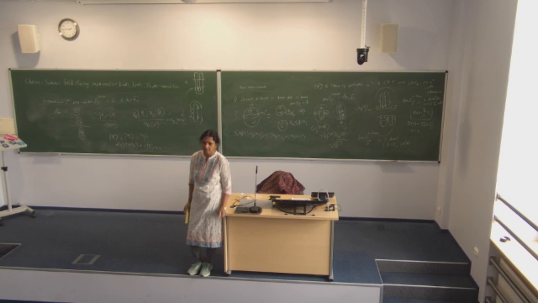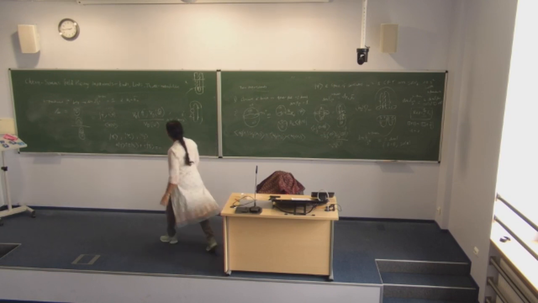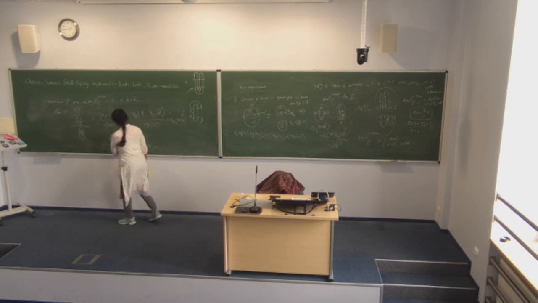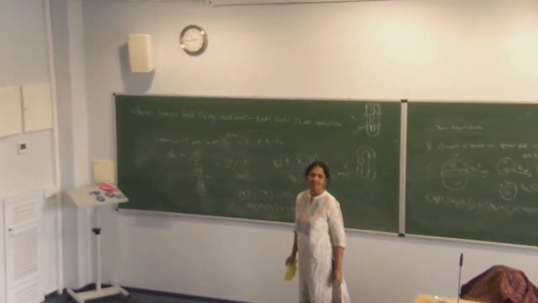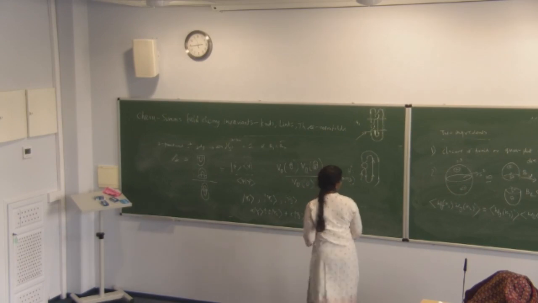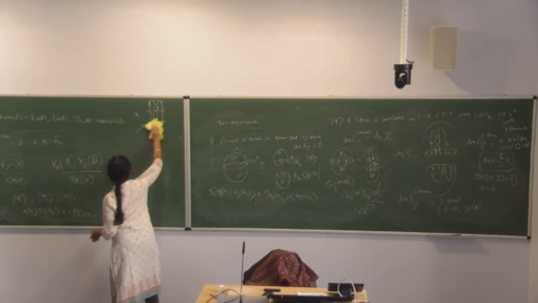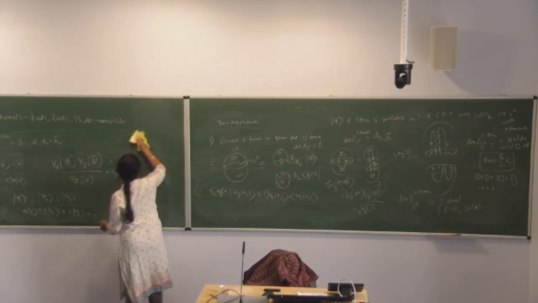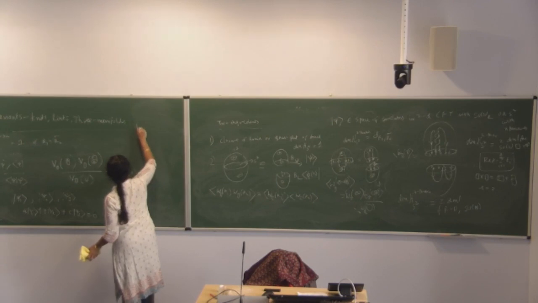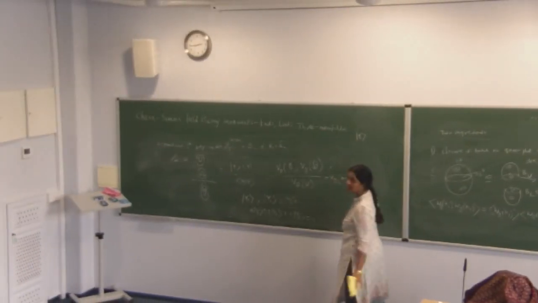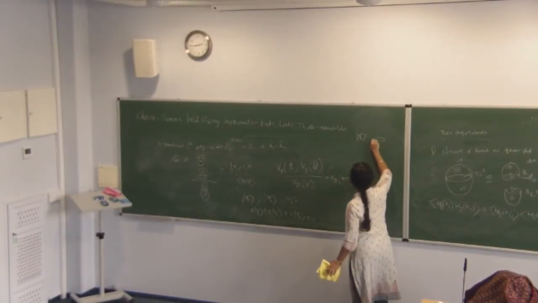Fine. And how do I pictorially depict psi 1, psi 2, psi 3? I do the pictorial depiction of this. Start psi 1 to be a 3 ball.